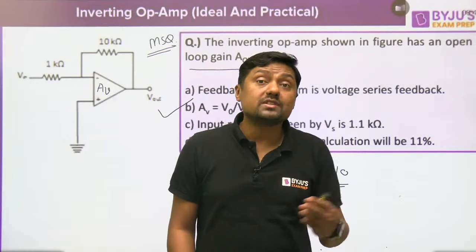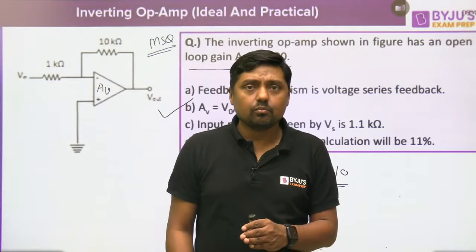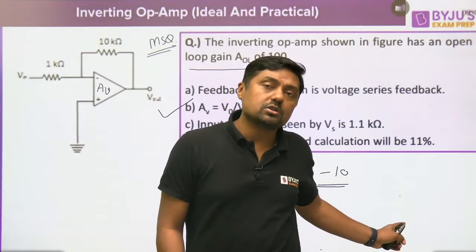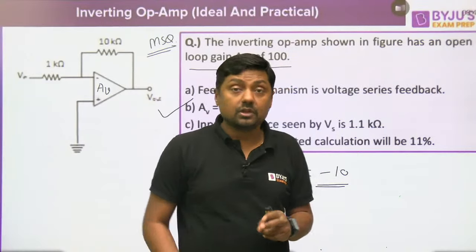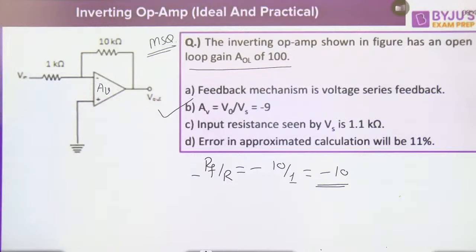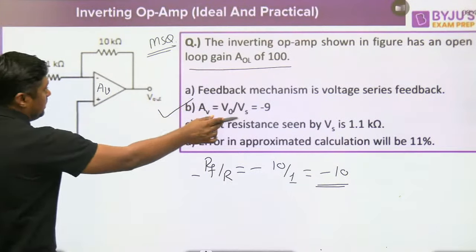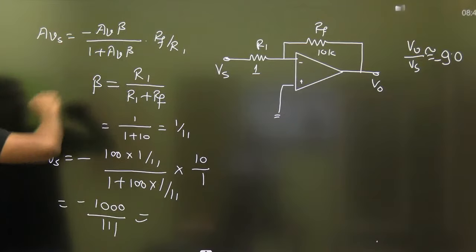That is called overestimated. Actually the answer is minus 9, but by approximation we are calculating minus 10, so the magnitude is overestimated, meaning you are getting a larger value. The actual answer is minus 9. Remember that formula, this is a very important one, and what will be the value of beta and so on.